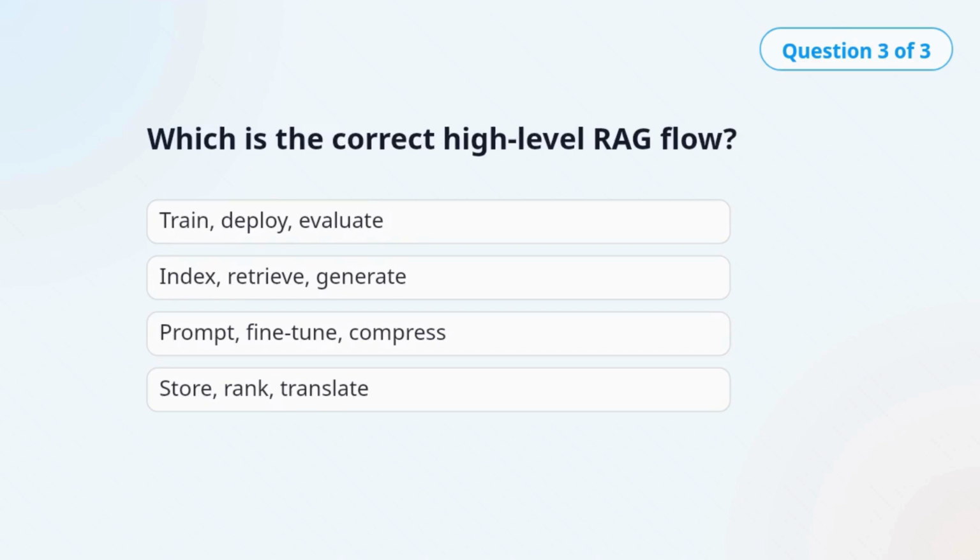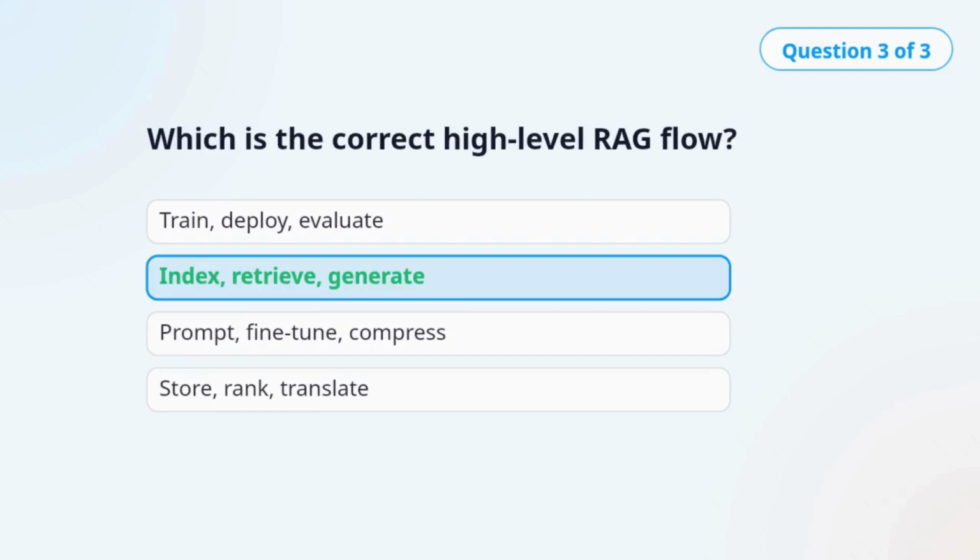Question 3. Which is the correct high-level RAG flow? The correct answer is index, retrieve, generate. The article explains the three core components of RAG as indexing, retrieval, and generation.